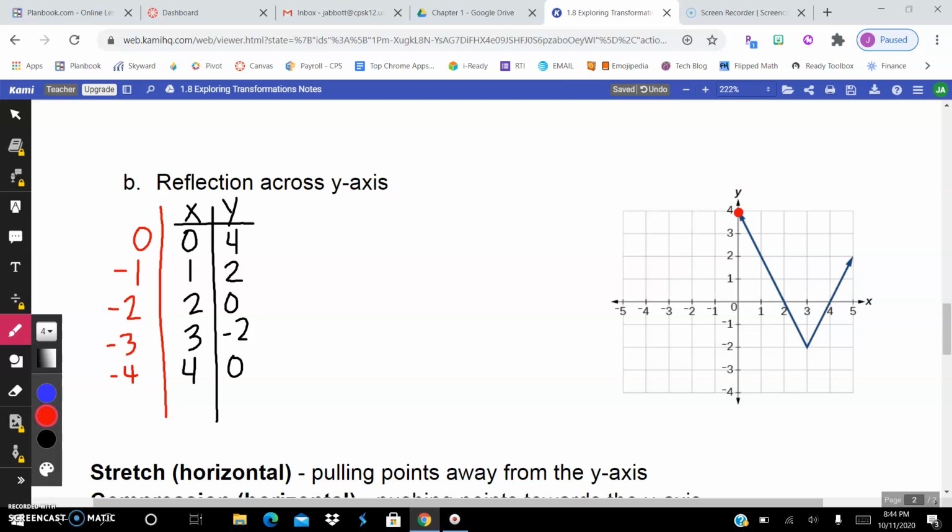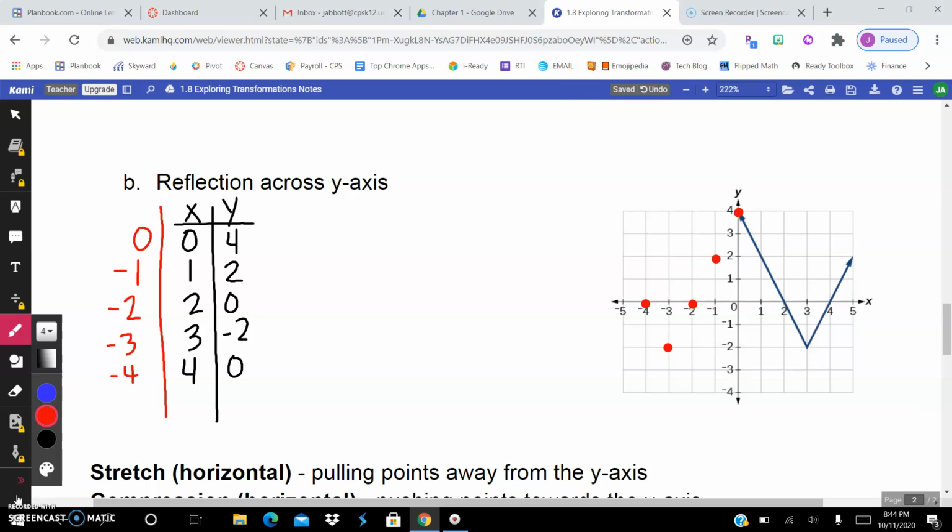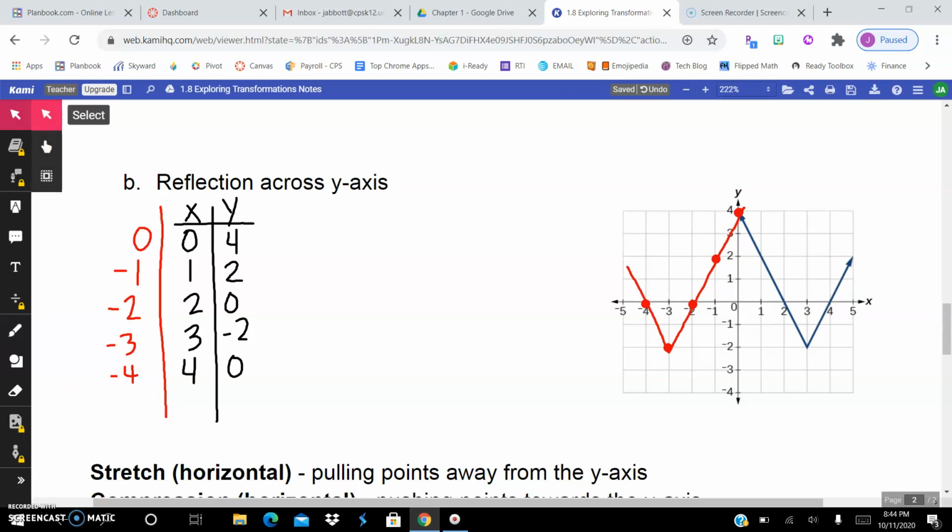Then we're going to have negative 1 and up 2, and negative 2 and up 0, negative 3 and negative 2, and then negative 4, 0. So if I go back and connect those, you can see that it flips over the y-axis.